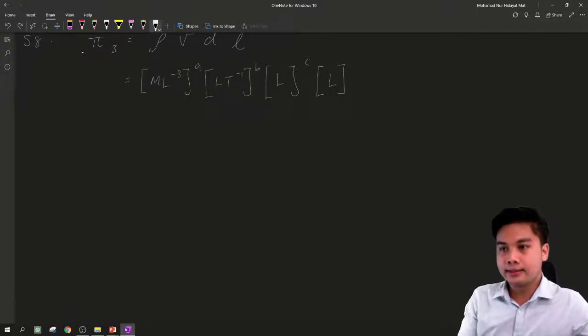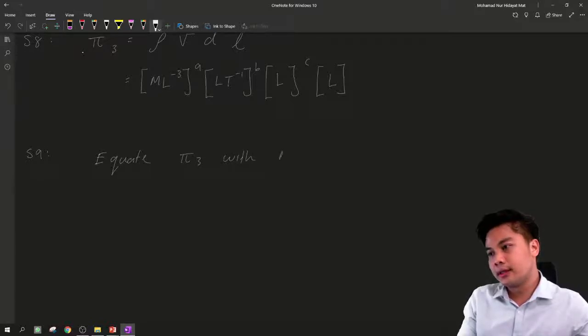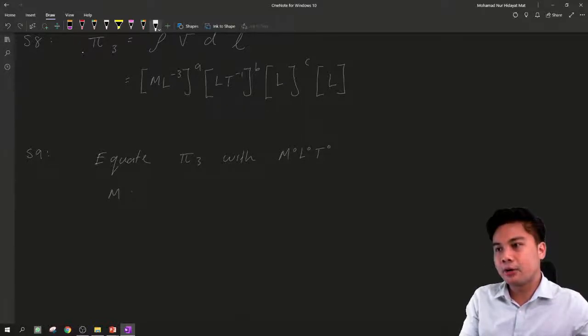And then step number 9, equate pi 3 with the dimensionless MLT system. So let's first look at M. M is M to the power of A, equal to 0. We don't have any other M, directly equal to 0.